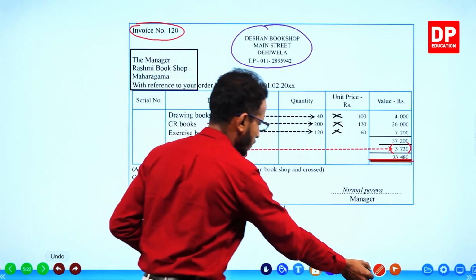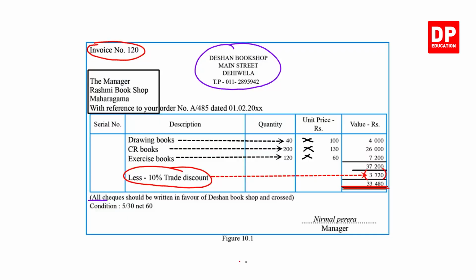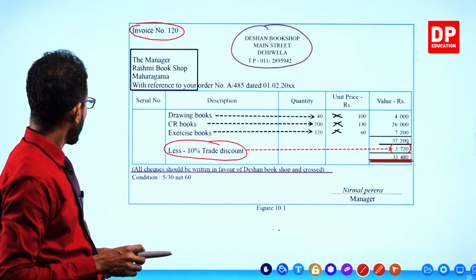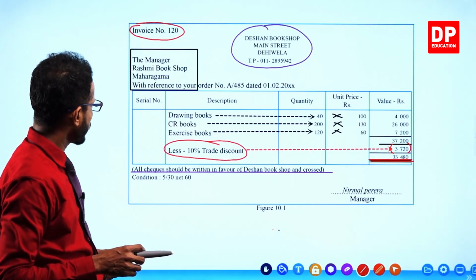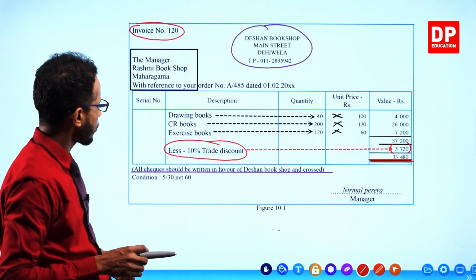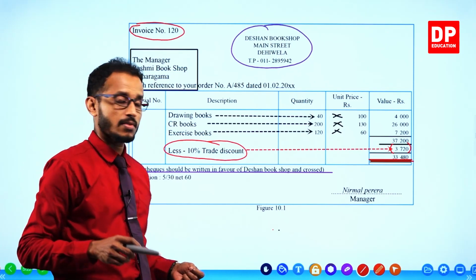Let's see what this sentence is. All checks should be written in favor of Deshan Bookshop and crossed.